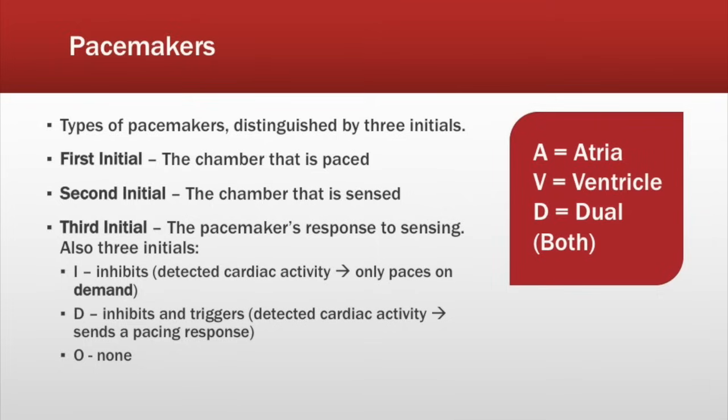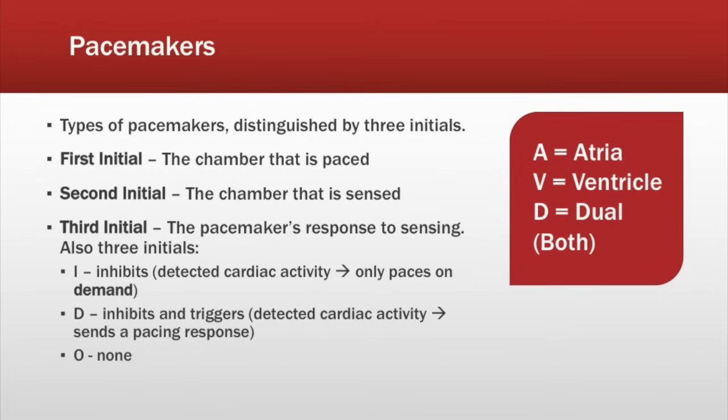The second possibility for the third initial is D. This means dual, essentially. It's going to inhibit and trigger. So the sensing area, when you detect the cardiac activity, it is going to, number one, inhibit itself from firing on the T wave or within the R wave. And then it's going to send a pacing response, a trigger. So it's going to inhibit itself long enough to fire the pacing response in the appropriate location.